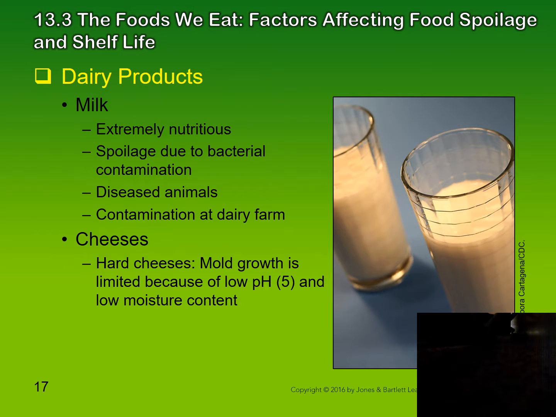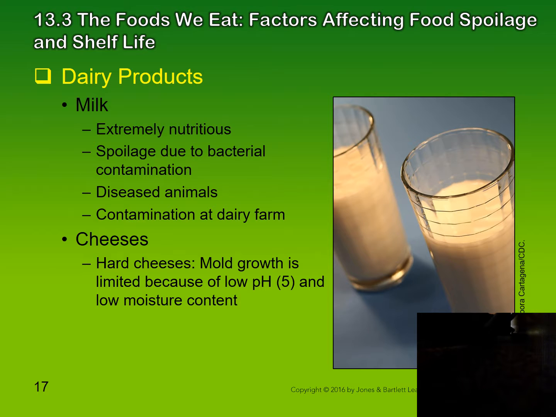Now, hard cheeses are going to be a little more stable because they have very low water content and they usually have fairly low pHs. Okay, and most of the bacteria want to grow at neutral pHs.